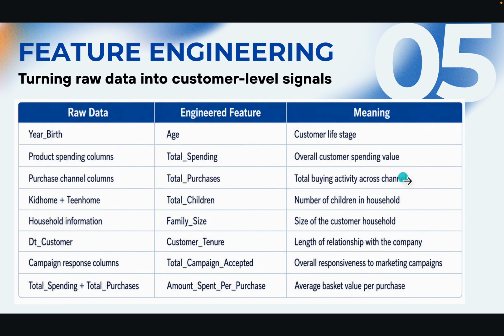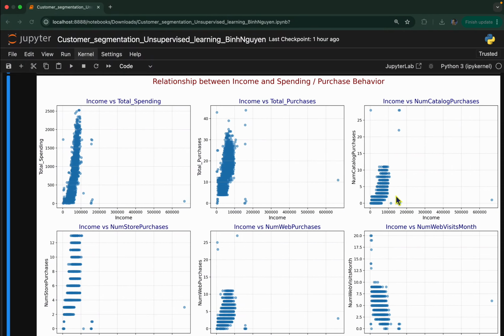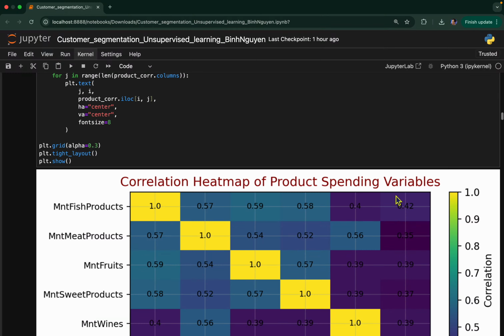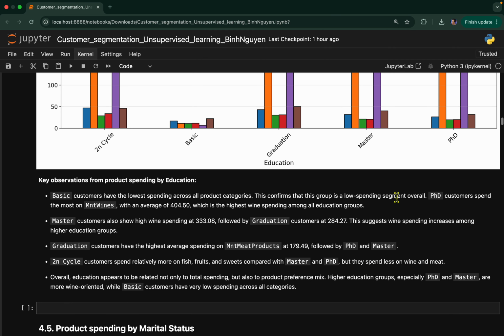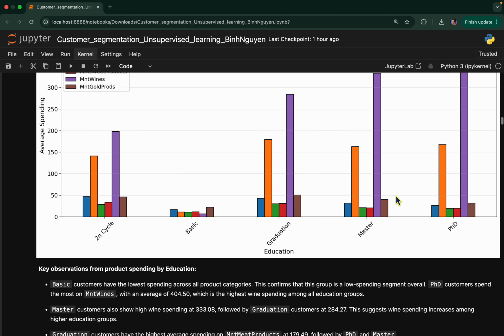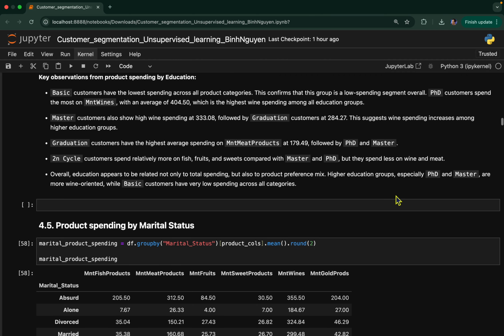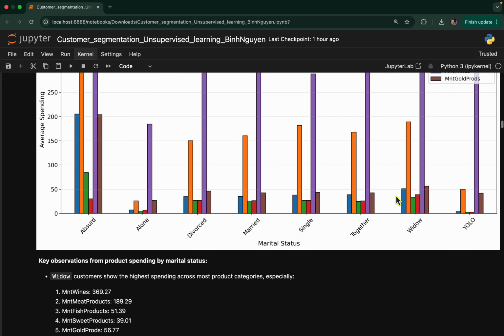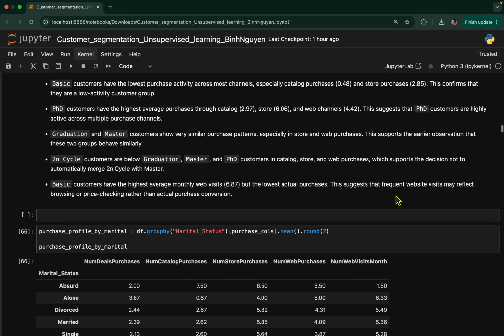The meaning of this is the total buying activity across channels, and so on. Here are the engineered features for this data, so feel free to discover it. Quite a few figures here, but I think it's sufficient to explore the data.